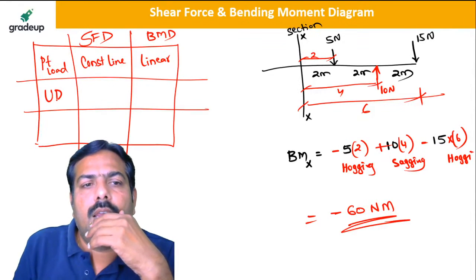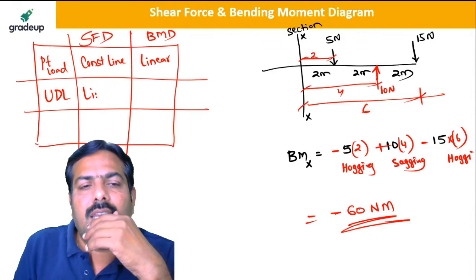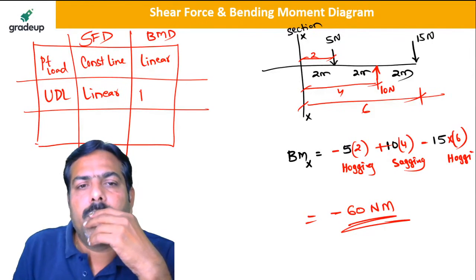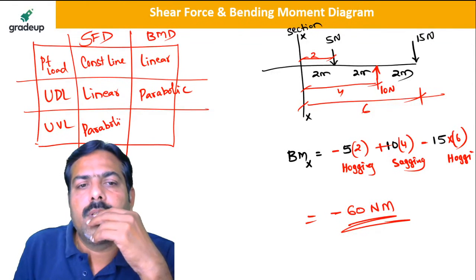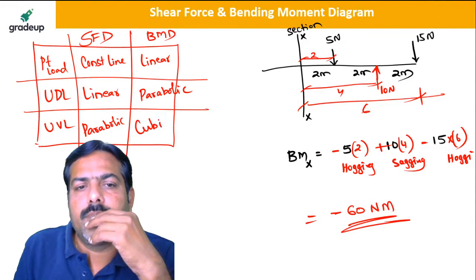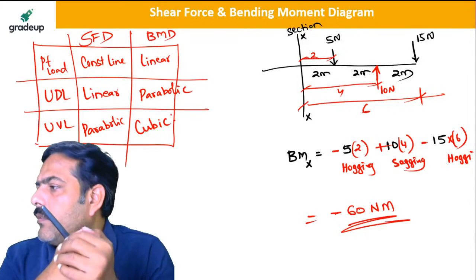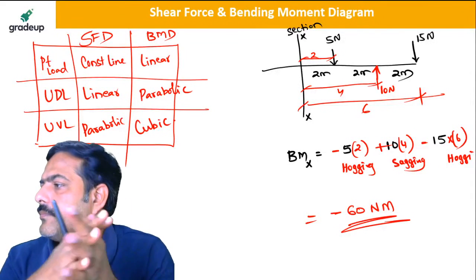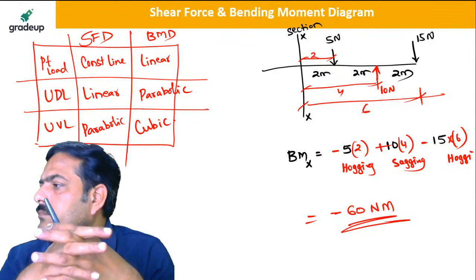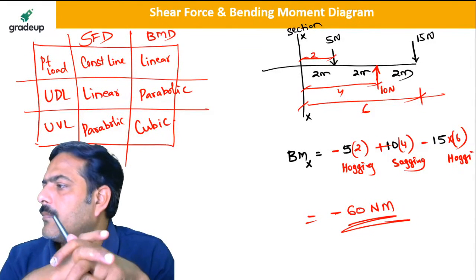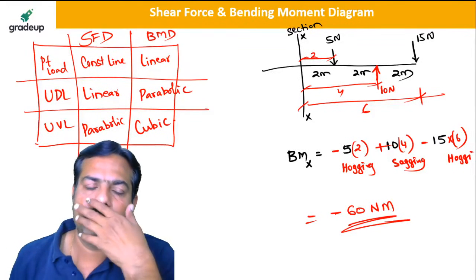For UDL, your SFD is linear, your BMD is parabolic. For UVL, this is parabolic and this is cubic. Is this clear? Very good, my dear friends.